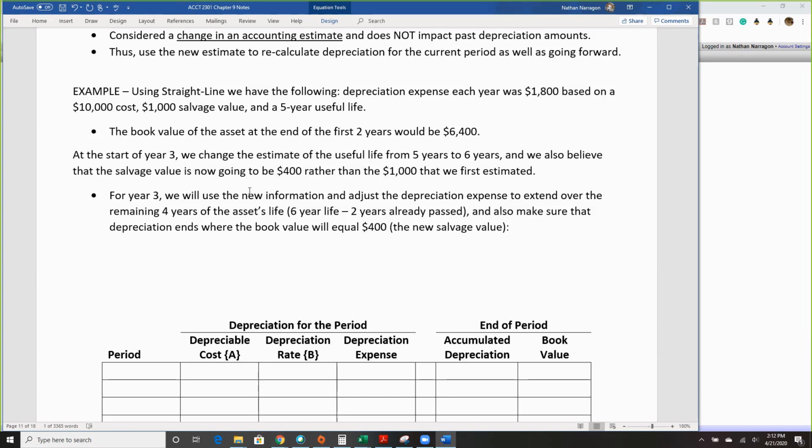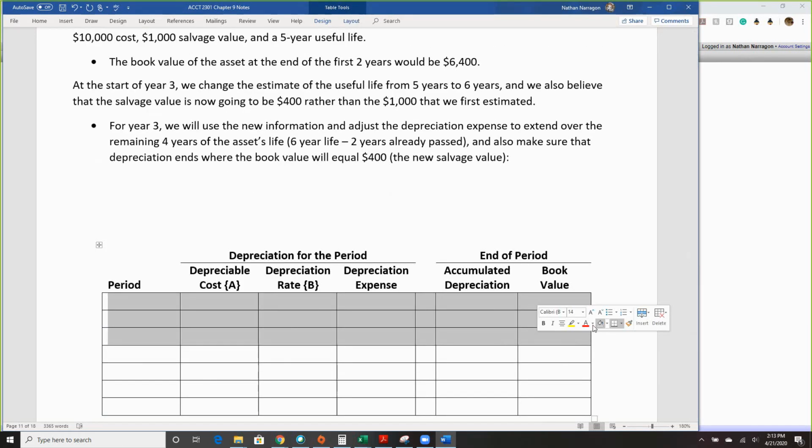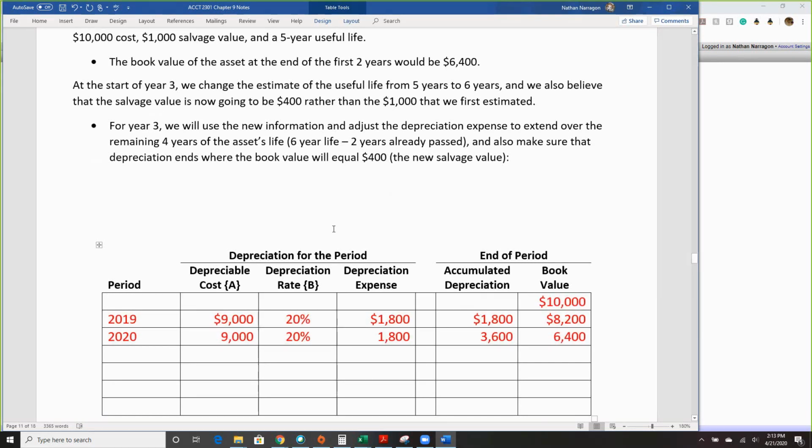We've already pretty much depreciated for 2 years. And in this 2 years, its book value is currently $6,400. Now, I will actually show those 2 years here. Okay. So this is what currently has happened.